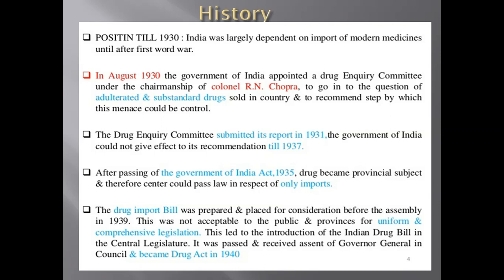In the year 1930, with the help of Colonel R.N. Chopra, a drug inquiry committee was started, and he placed many rules and regulations. Those were approved by the next committee and placed before the parliament in 1940.